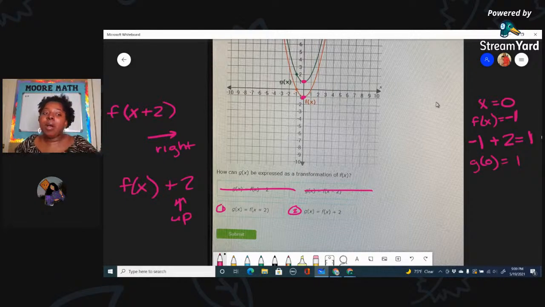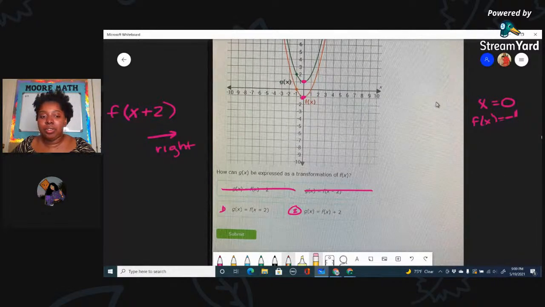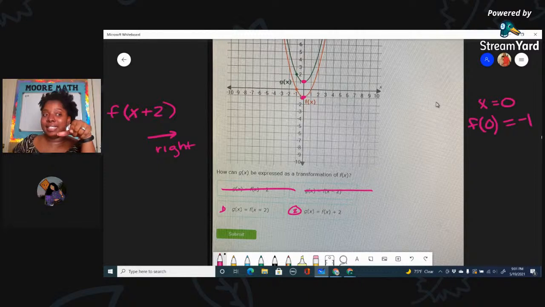That's what we did. Now, if you were to do the other thing, if you were to go right, let's try it. So if x is 0 again, and we say f of 0 is -1, change this x.